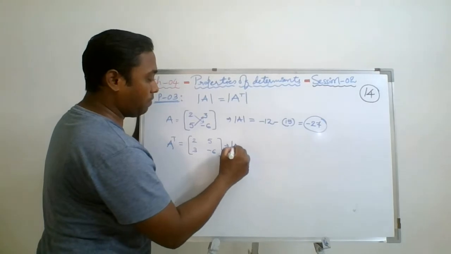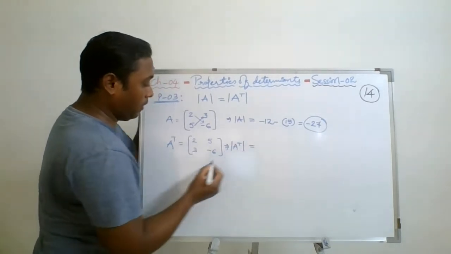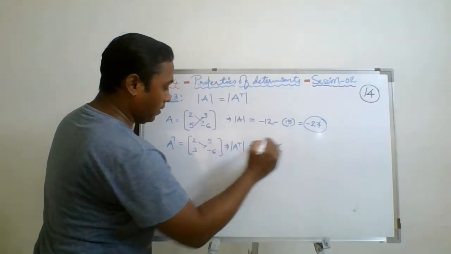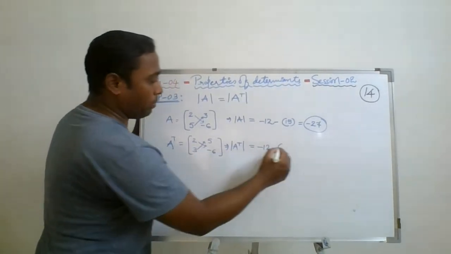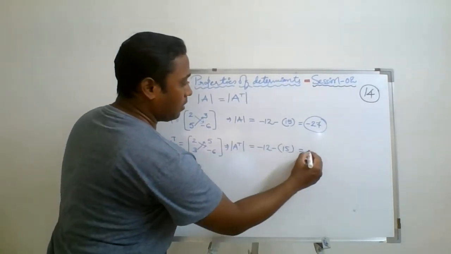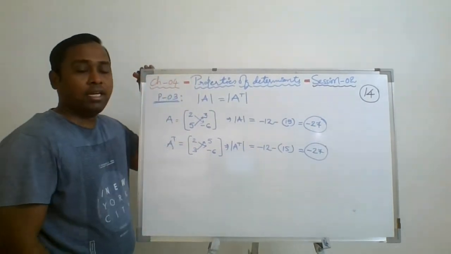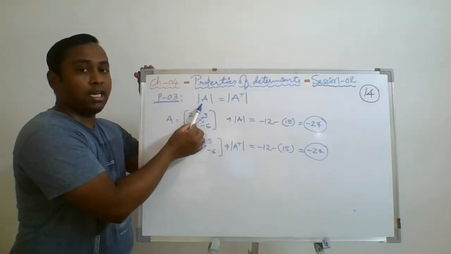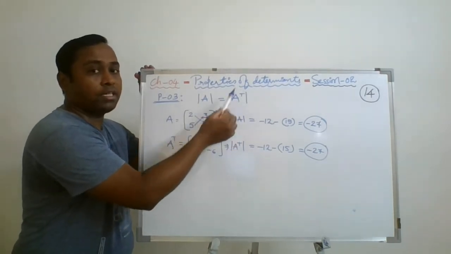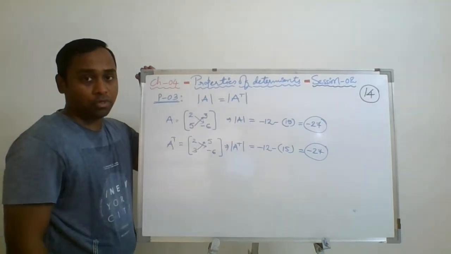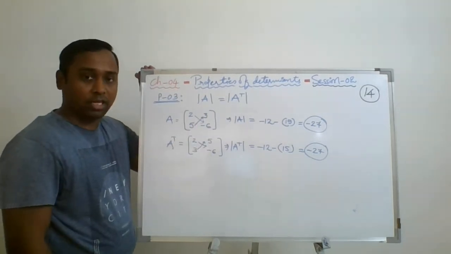Again the product here is minus 12, minus the product of the other two elements, 15. You can see the answer is the same. Hence we can say the determinant of matrix A is equal to the determinant of its transpose. So det A is equal to det A transpose. So this is property number 3.